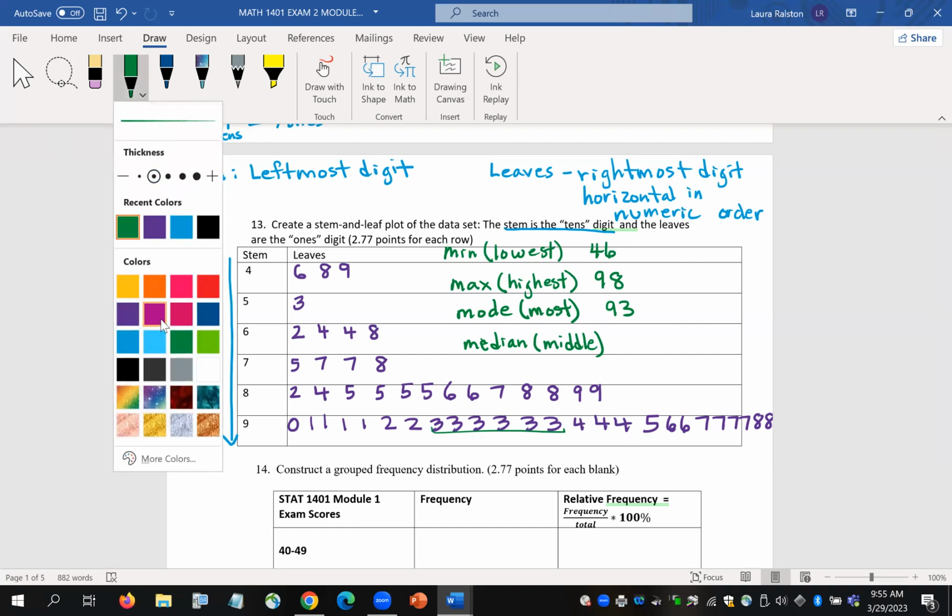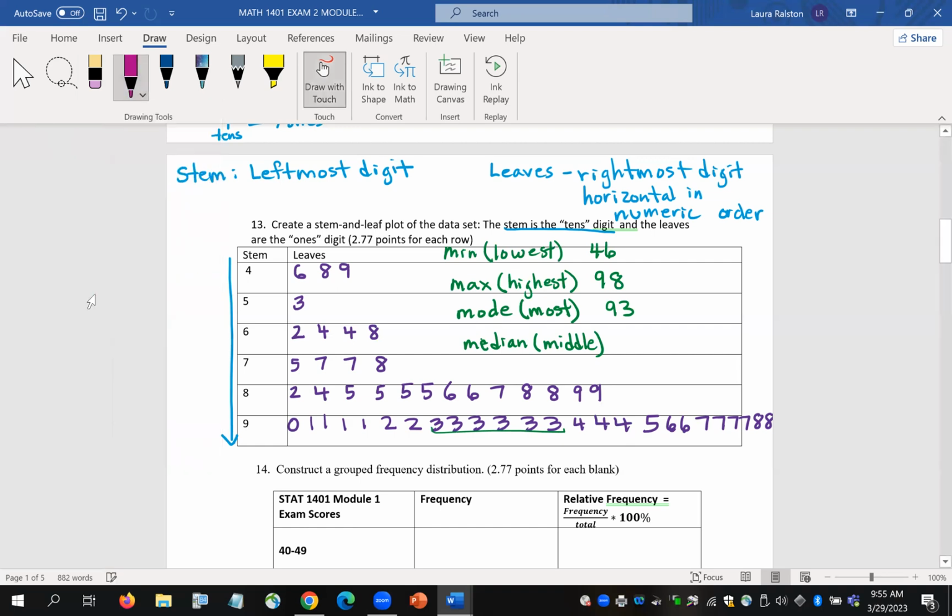So I need to find the 25th. 1, 2, 3, 4, 5, 6, 7, 8, 9, 10, 11, 12, 13, 14, 15, 16, 17, 18, 19, 20, 21, 22, 23, 24, 25.